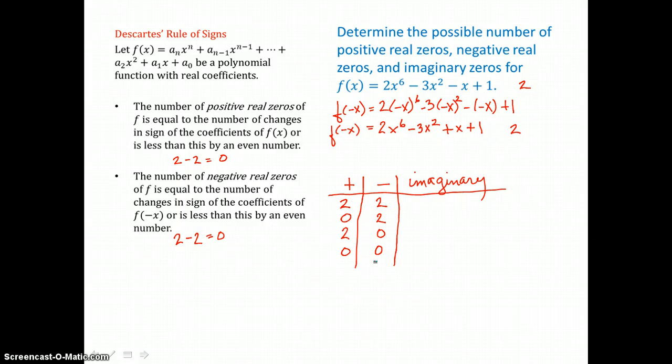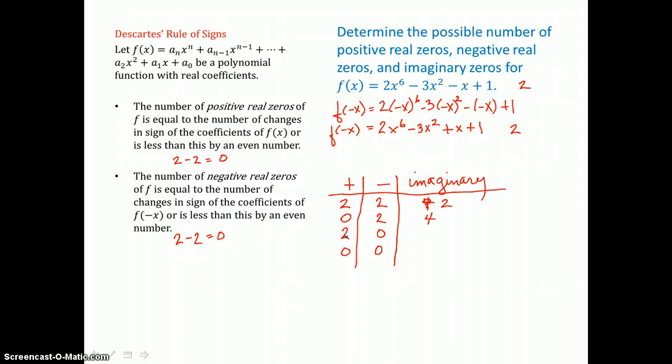Those are our combinations. Okay, because there has to be 6 altogether, if I have 2 positive and 2 negative, I can expect to have 2 imaginary zeros. Oops, not 4, 2 imaginary zeros. And here I have 0 positive and 2 negative, so there's where I'm going to need 4 imaginary zeros to finish that out.